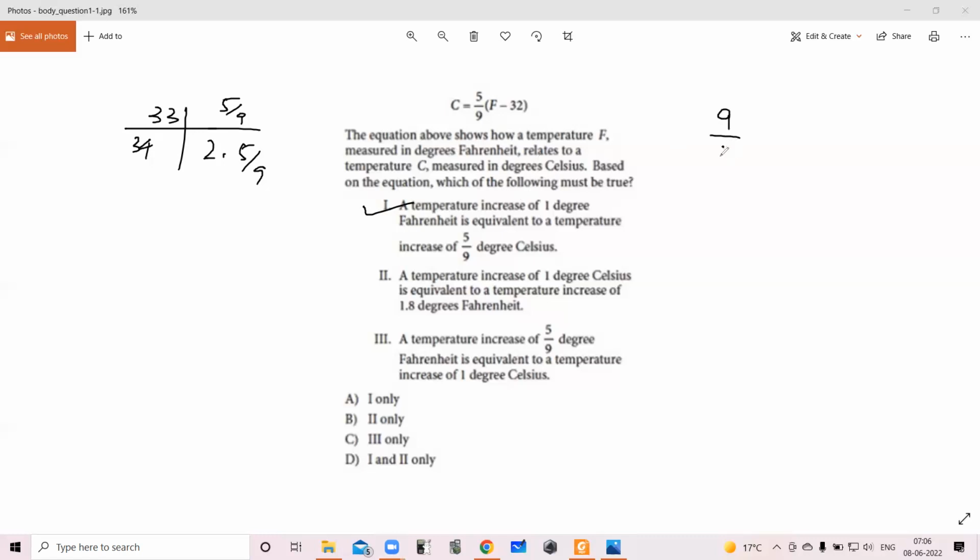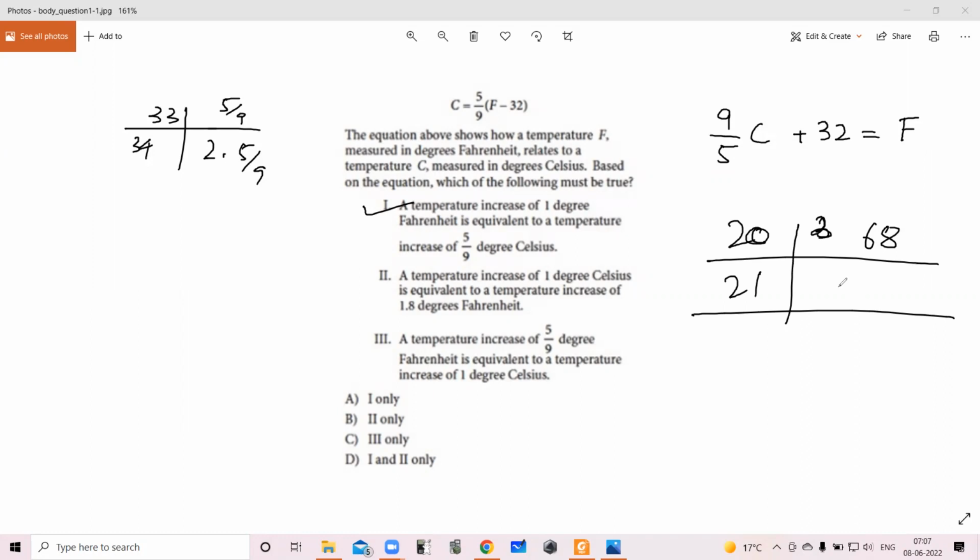Hold on, let me pick a smaller number. What if I do 20 degrees Celsius? 20 times 9/5 is, let me put that in my calculator, 36. Then plus 32 is 68 degrees Fahrenheit. And if I did 21 degrees, 21 times 9/5 plus 32 would be 69.8.